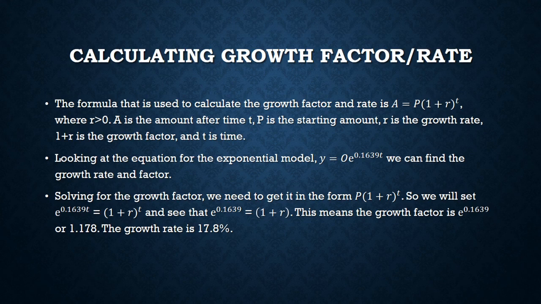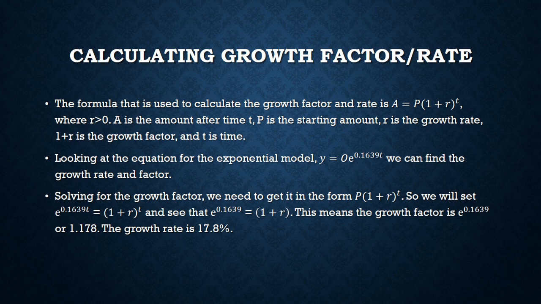Looking at the equation for the exponential model, we have y equals some constant times e to the 0.1639t. We can find the growth rate and growth factor. So how do we do that? Well, we need to set it equal to P times 1 plus r to the t. Here, we don't care about the initial amounts, so we're only going to consider the exponential part. Since they're both raised to the t power, we only look at the base.